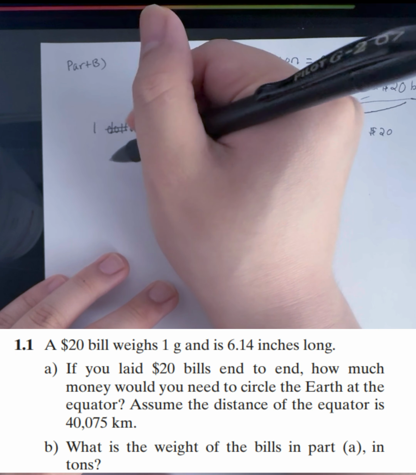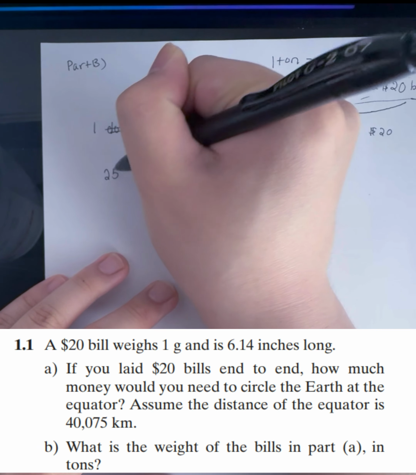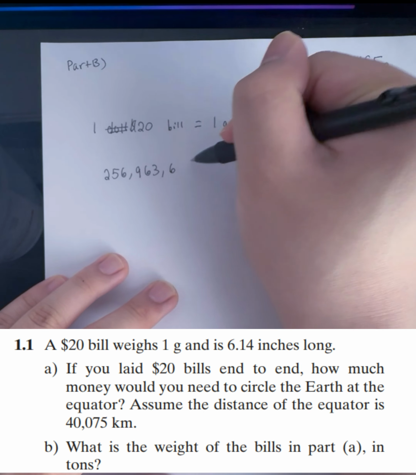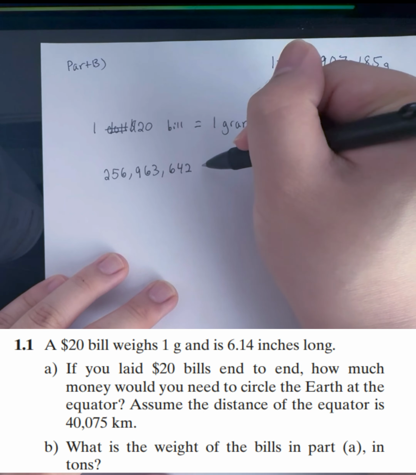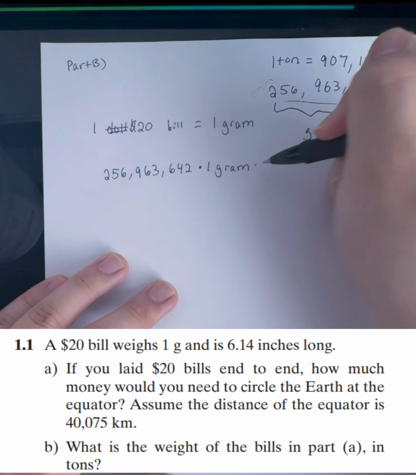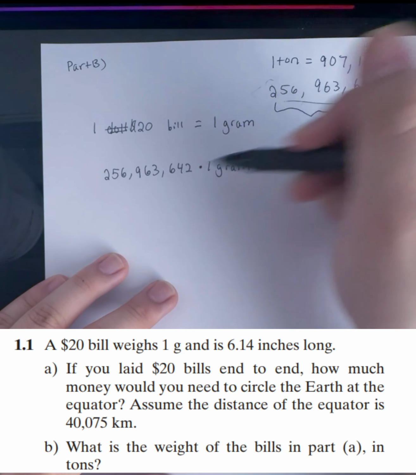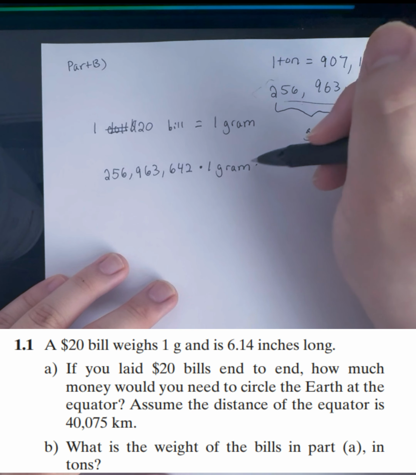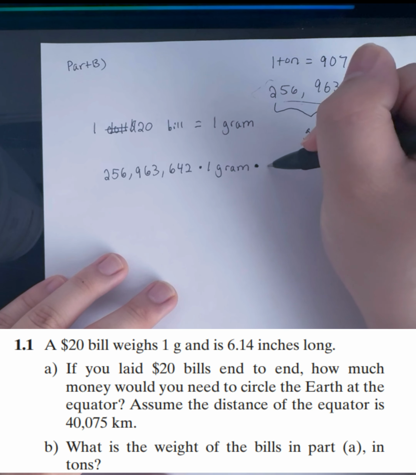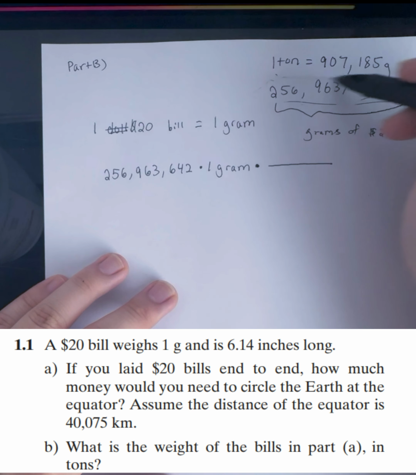So we're left with 256,963,642 times 1 gram. Since it's 1 gram, I'm not going to write grams, it doesn't make grammatical sense. And then that is multiplied by this conversion over here.